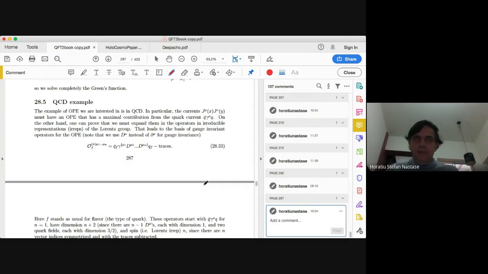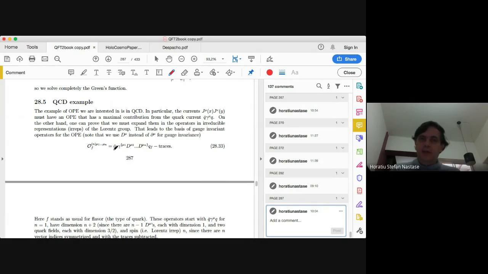On the other hand, by symmetry, by Lorentz symmetry in particular, we know, or you can prove even rigorously, that you can expand the operators in irreducible representations of the Lorentz group. So that means the complete set of gauge invariant operators for the OPE with the same charges in the same category.